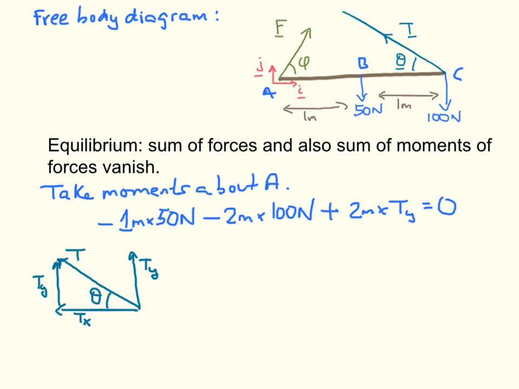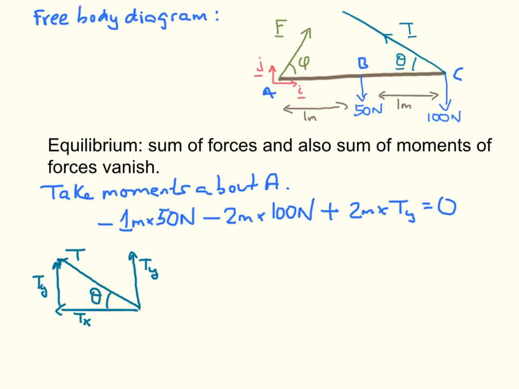So therefore we can rewrite this entire equation, and I'm going to take these two terms which are negative over to this side as I do it. So what do we have? Let's look at this first. So it's 2 meters, I'll put the units at the end, times T sub y. So it's 2 T sub y, but T sub y is T sine theta.